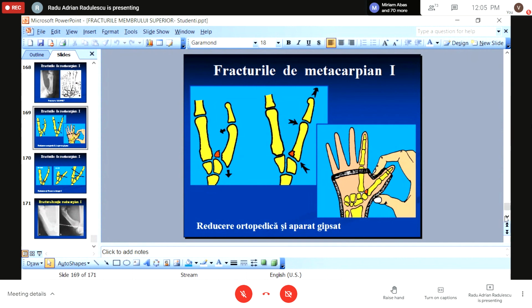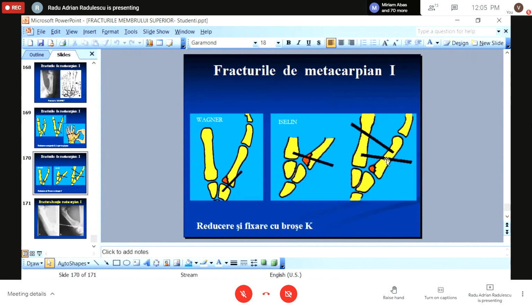Or the better choice would be to fix this metacarpal bone after reduction in this position by using two K-wires. These K-wires may be introduced from the first metacarpal bone to the second metacarpal bone, or like you can see in the first drawing here, we will introduce this K-wire through the first metacarpal bone into the trapezium bone.